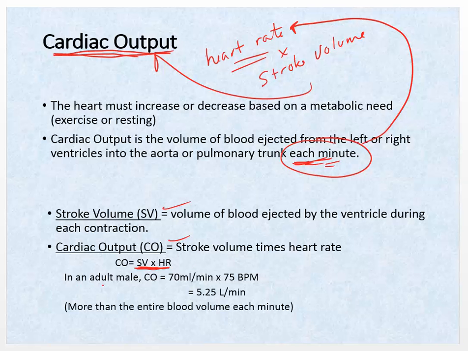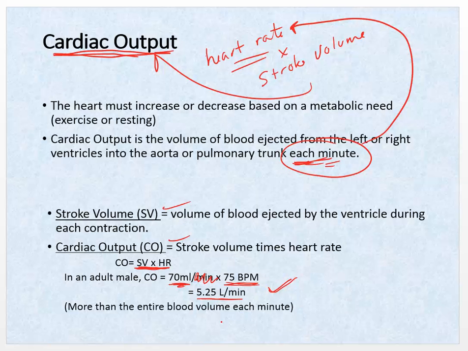Then you just have to know what all of these things mean. If we calculate this for an adult male, let's say every time the ventricle squeezes, it squeezes out 70 milliliters of blood, and it does it 75 times per minute. When you multiply those together, 0.07 liters times 75, you end up with 5.25 liters per minute, and that's actually pretty average.